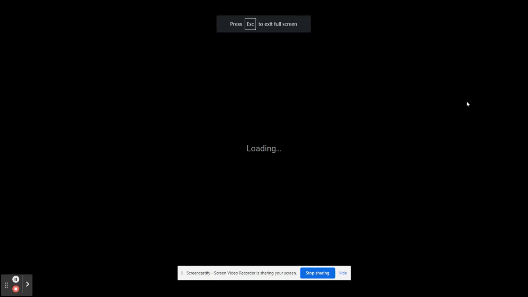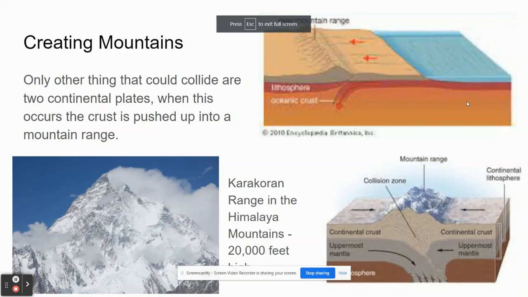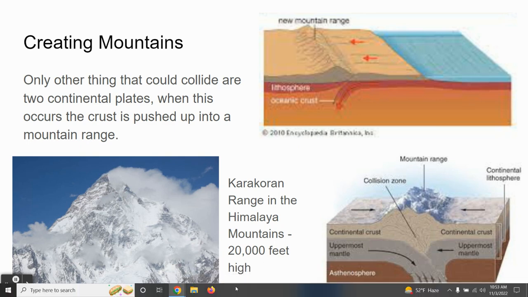The last thing is we talked about what happens when an ocean plate collides. We talked about ocean versus continent, but sometimes you can actually have two continental crusts collide. When that happens, the continents just kind of bunch together. One doesn't really go underneath the other.